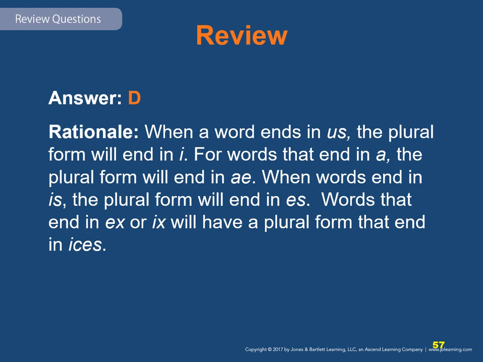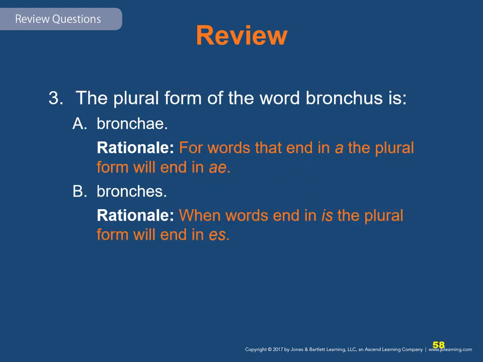Again, you might want to refer to the master table in Chapter 5 of your text, so that you can have a solid grip on how these transitions work. Just to review again, the plural form of the word bronchus is bronchi, which is incorrect because words that end in A will end in AE.